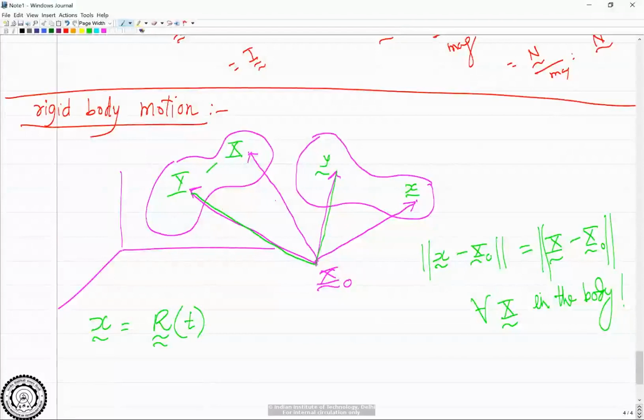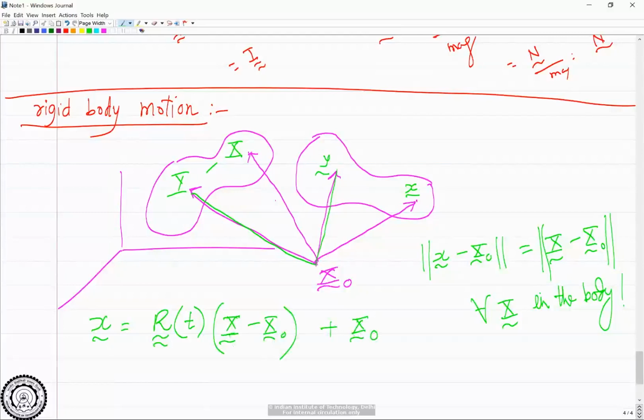Then only it is called rigid rotation, into capital X minus capital X naught, because it is rotating about X naught, and plus capital X naught. You see why I did so? Because if you say capital X is X naught itself, then small x will be equal to X naught, and that should be the case also, because it is rotating about X naught.